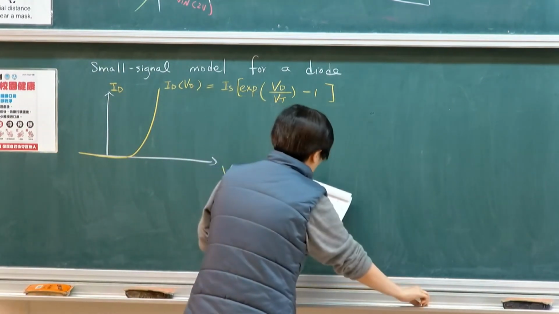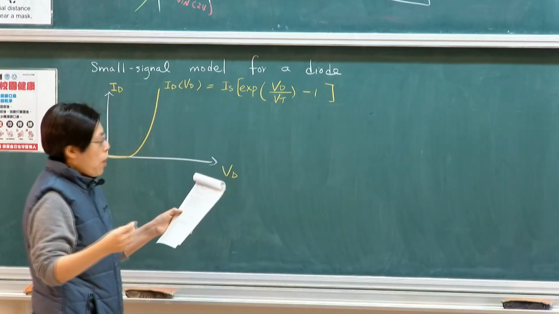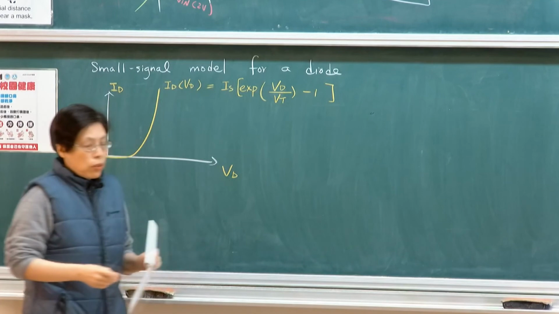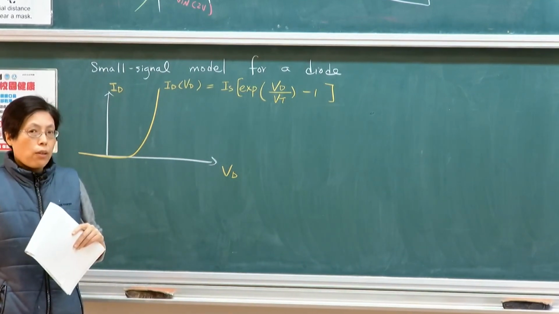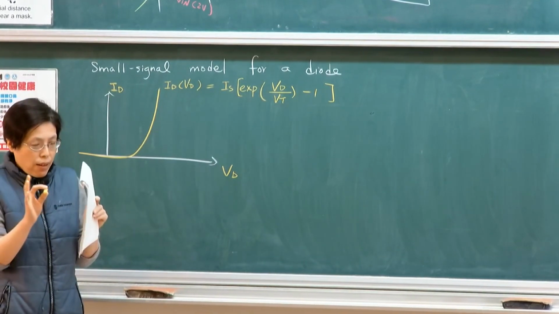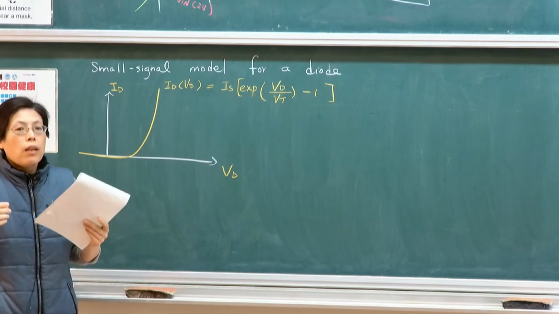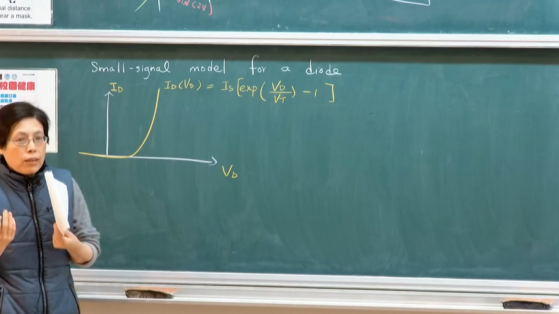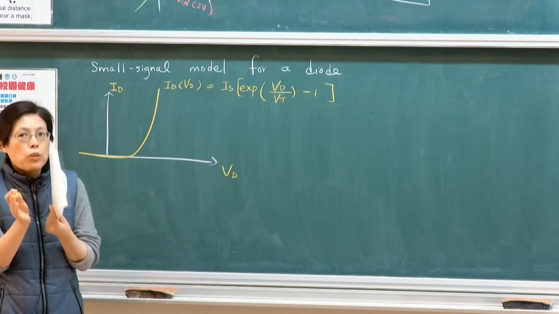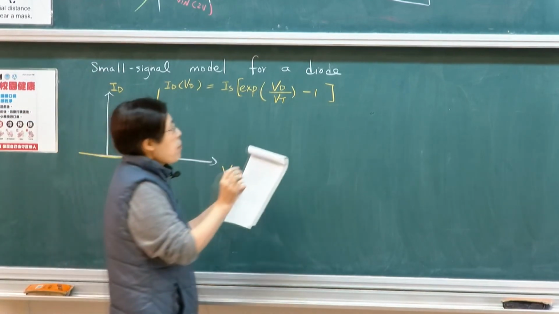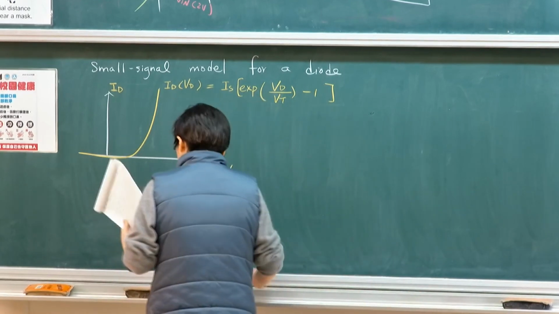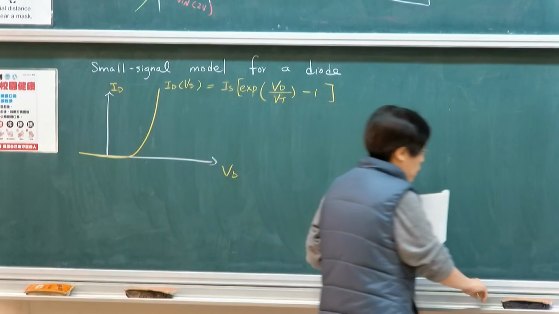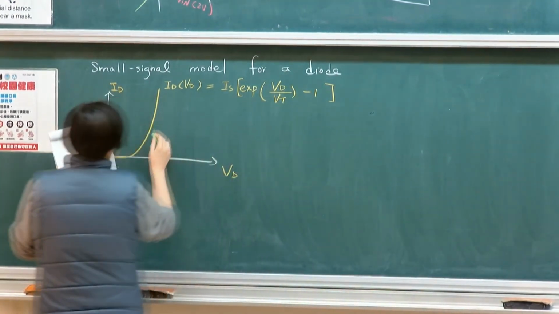So think about what we're trying to solve. The setting now is something like this. If I want to generate a diode small signal model, I want to know the current-voltage relationship when I'm not moving too far from a particular point. So you start with a quiescent point.